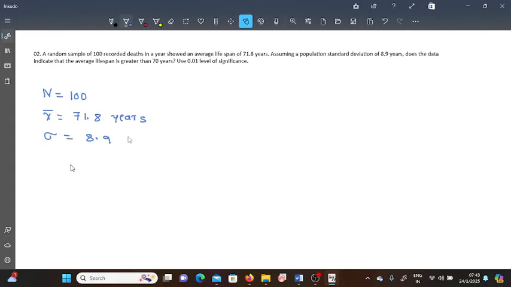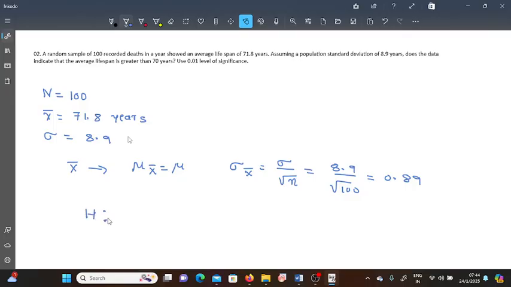Now for the distribution of x bar, mu x bar is equal to the population mean, and sigma x bar is equal to the population standard deviation by the square root of the sample size. Simplifying, we get 8.9 by square root of 100. Finally, the sigma x bar value is 0.89.